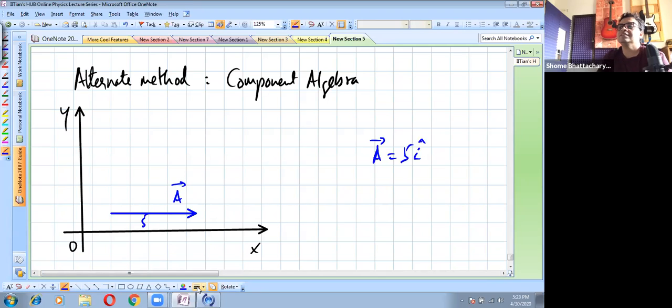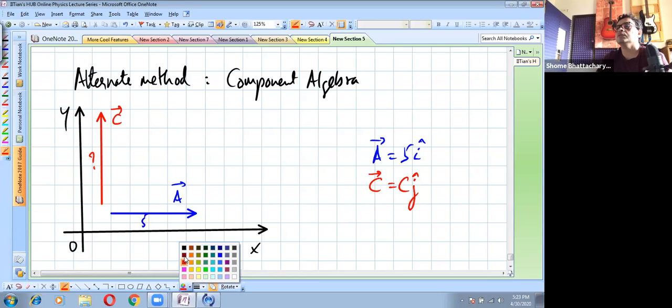Then the vector C is supposed to be perpendicular to it. So make use of that information. So vector C is supposed to be perpendicular. So let's take it along the y-axis. So the vector C's magnitude is unknown. So it is just some c j cap. This magnitude is unknown. And vector B, we don't have any information whatsoever about.